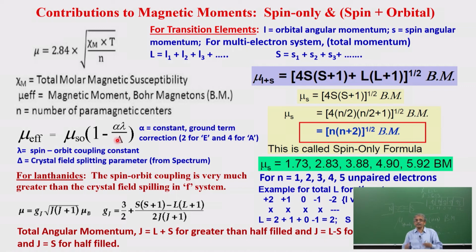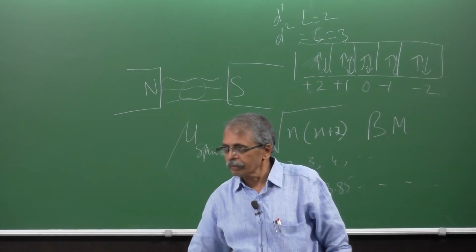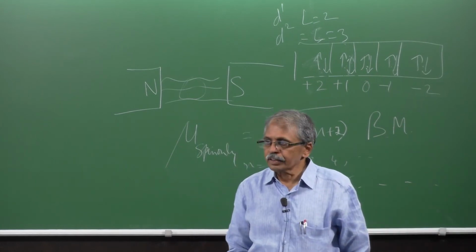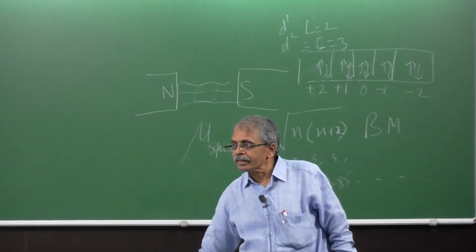The capital delta is the crystal field splitting, and lambda is the spin orbit coupling, that is, to what extent the spin and the orbits are coupled. The greater the coupling, the greater the value. For lanthanides, the spin orbit coupling is generally much greater than the delta value.